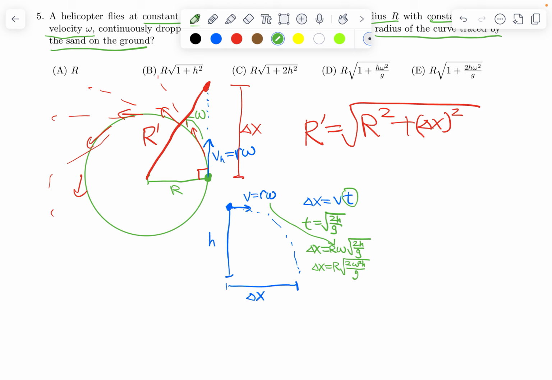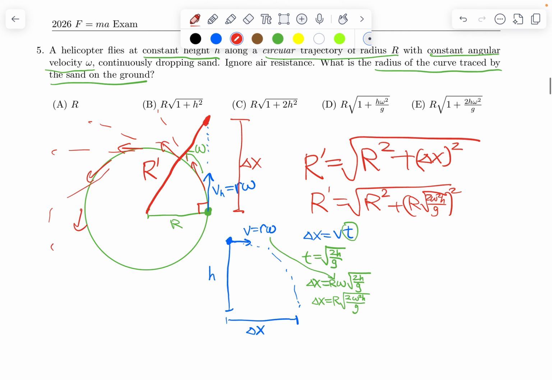So now we can combine this into the final equation to find r prime, and it's going to be equal to the square root of r squared plus delta x, which is r square root of 2 omega squared h over g, squared.